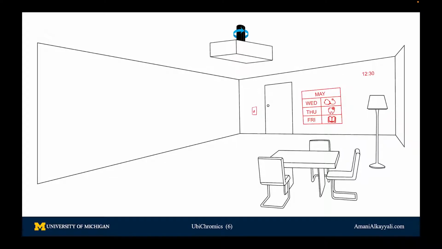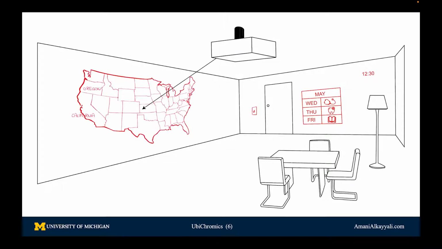The light source could then turn and create a color change on a different surface. A person could then interact with any of these displayed elements.